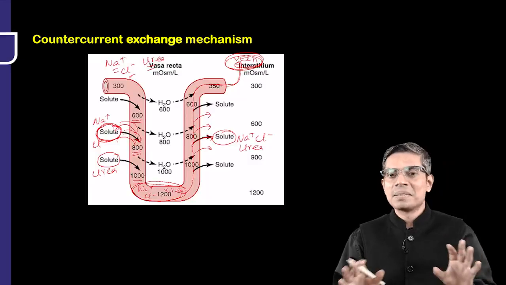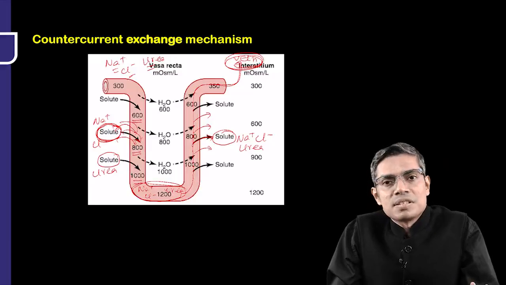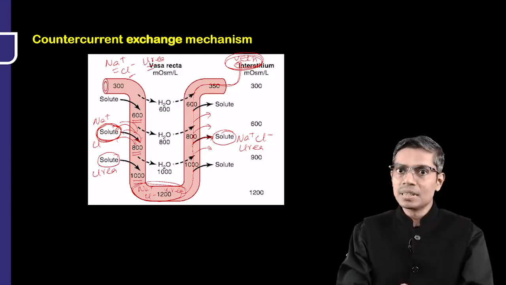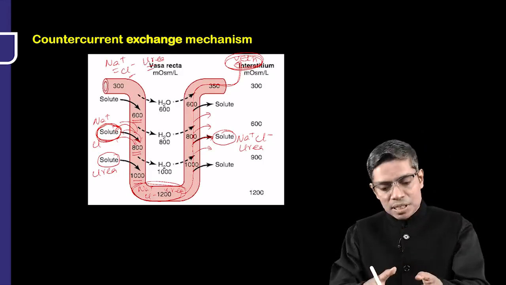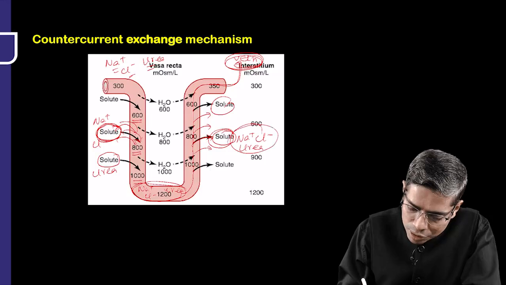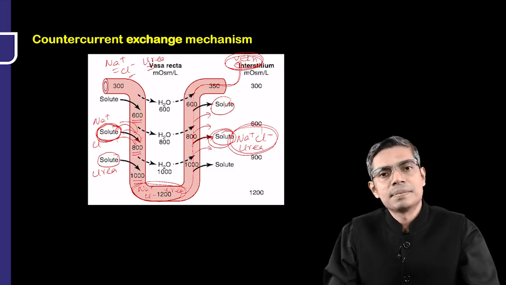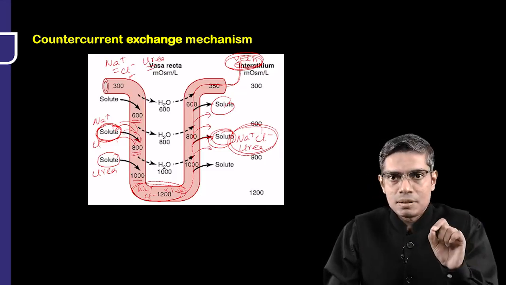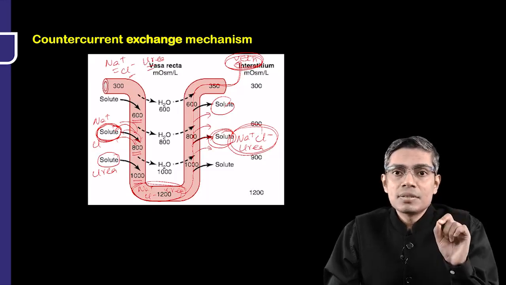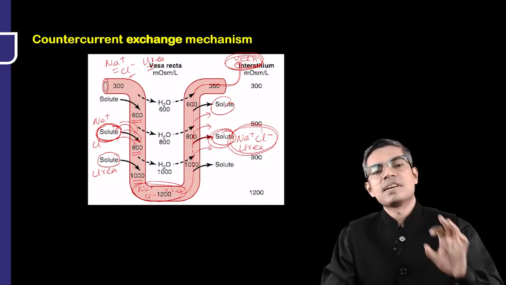That means the vasa recta is not washing out all of the solute from the interstitium. It is keeping those solutes in the interstitium. It has to absorb, but after absorption again it is reabsorbing from the ascending limb. So that way it is keeping the solute at the level of the medullary interstitium. So this is known as maintenance of tonicity. This is known as maintenance of medullary hypertonicity, and that is done by the vasa recta.